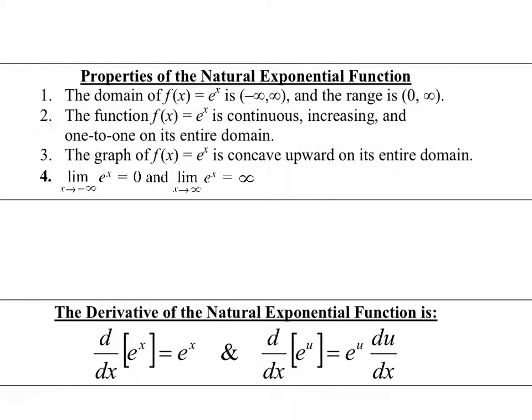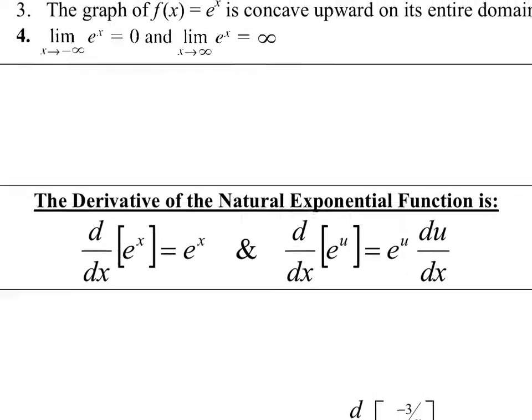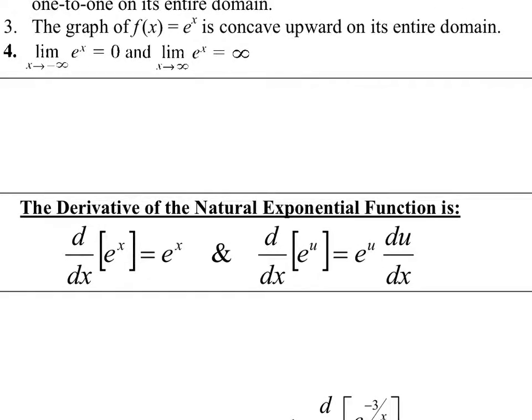But now let's take a look at the derivative. And no, that's not a typo. The derivative of e to the x is e to the x. It is its own derivative. Now, that's pretty simple. Where it gets a little complicated is when you don't have just an x in the exponent.